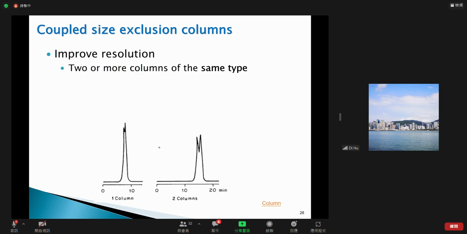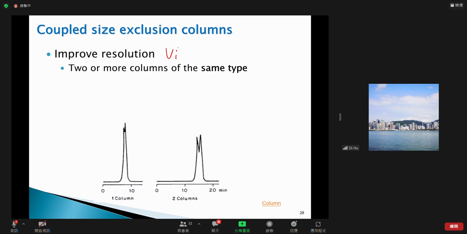Sometimes we say the capacity is limited. It has limited capacity. How can we improve the capacity? How can we improve that VE resolution? We can put two or more columns of the same type together.